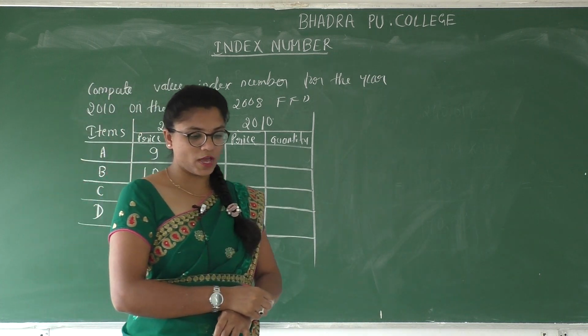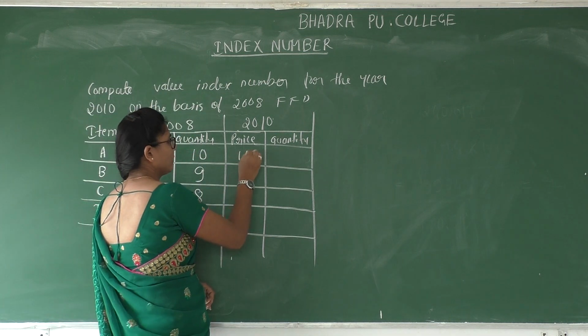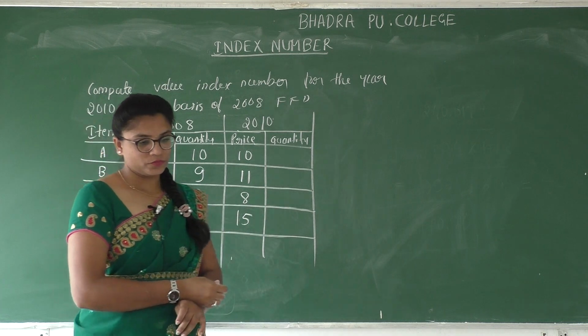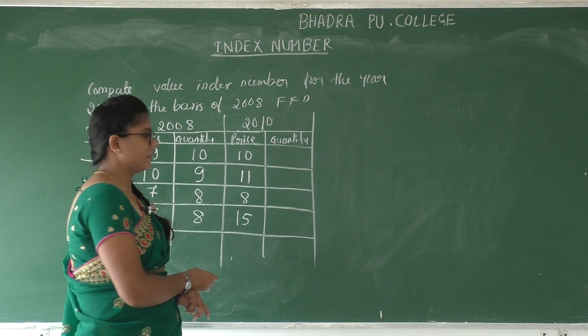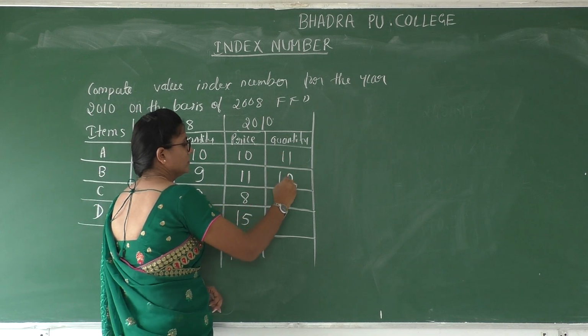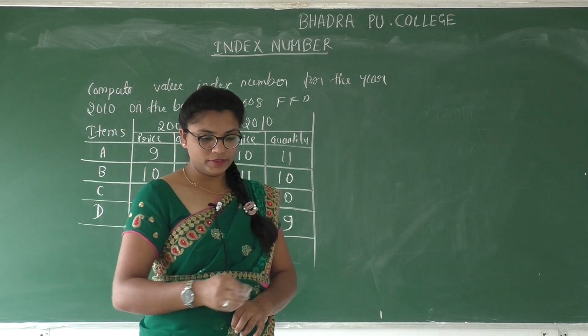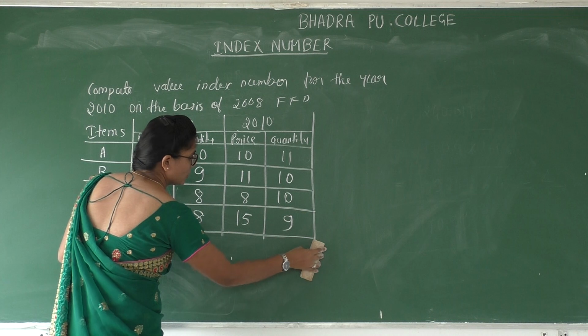Under 2010 price we have 10, 11, 8, 15 and quantity 11, 10, 10, 9. So this is your problem.